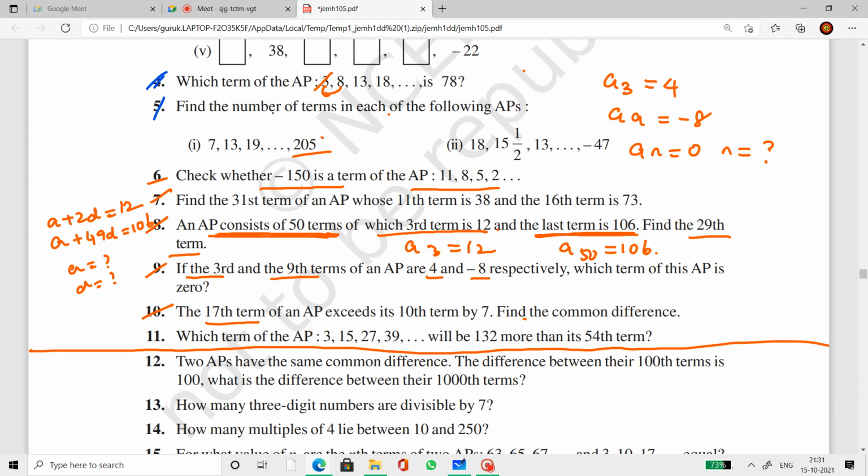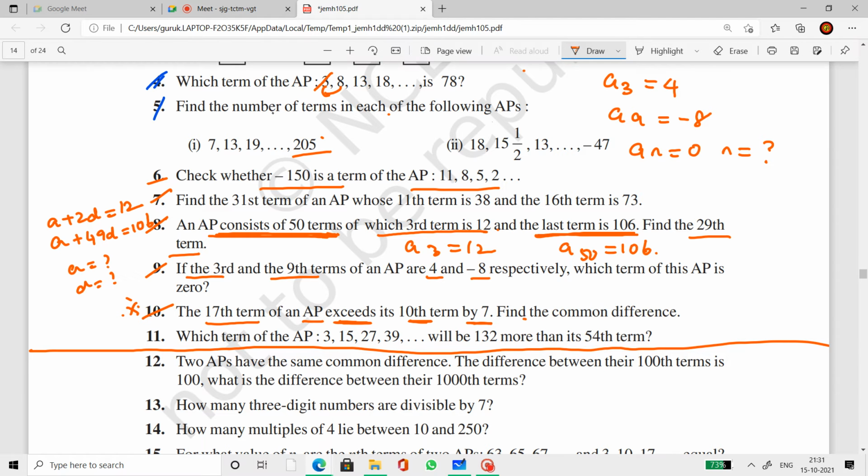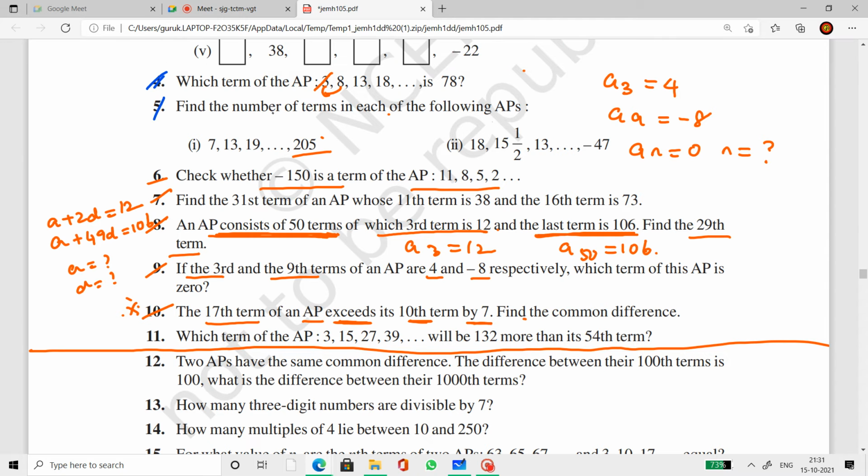The 17th term of an AP exceeds the 10th term by 7. Guys, this exceeds kind of question is important. 17th term exceeds the 10th term by 7. So 17th term is in excess of 10th term by 7 values. So that means A17 minus A10 equals 7.